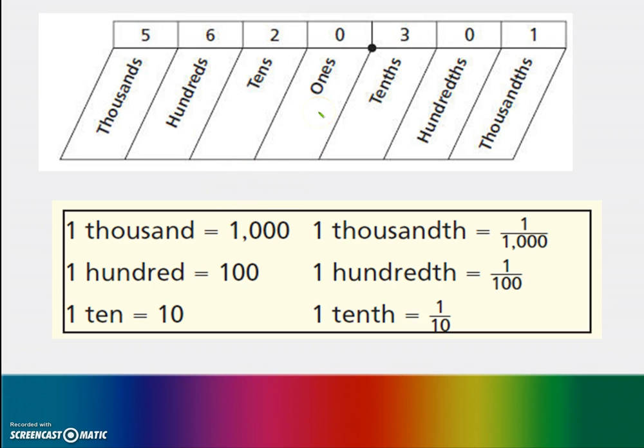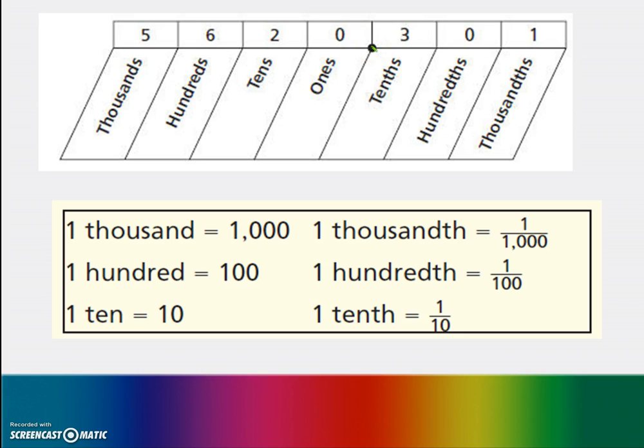Here's our place value chart. You notice the decimal is right here. And before the decimal, we have ones, tens, hundreds, thousands, and most fifth graders know about this.